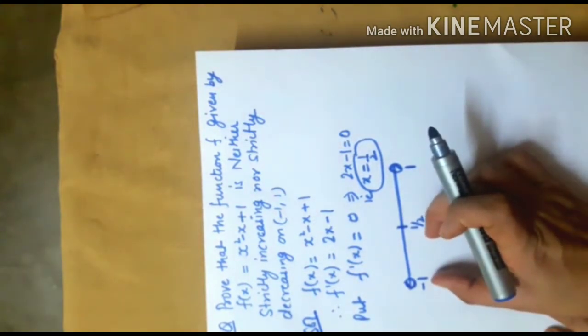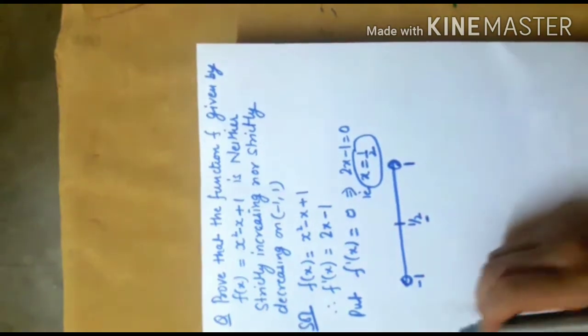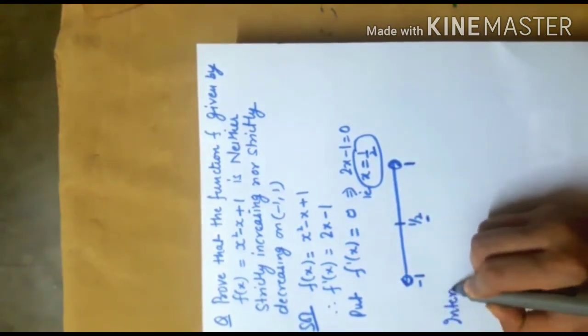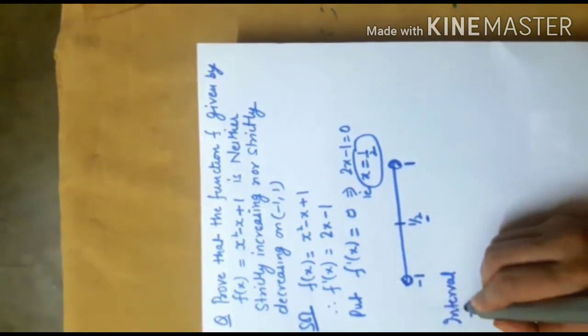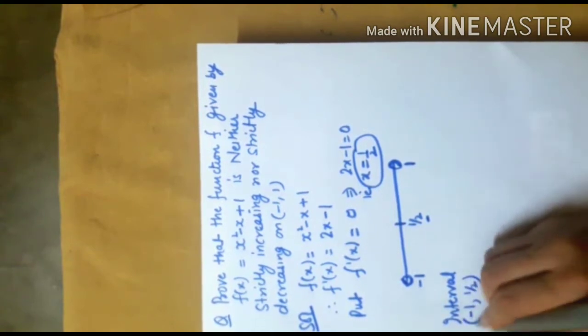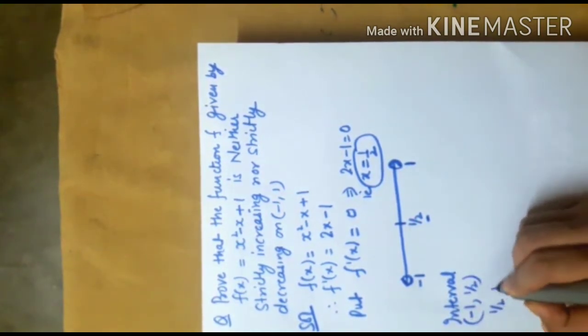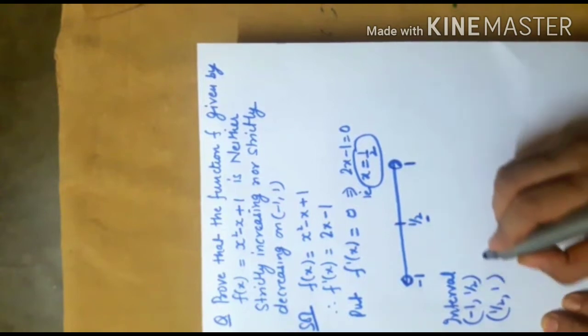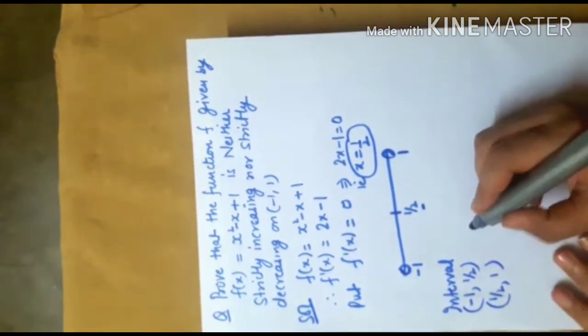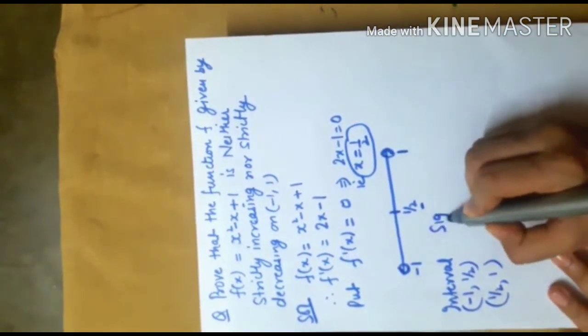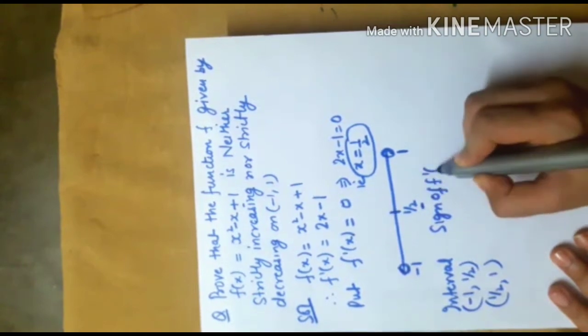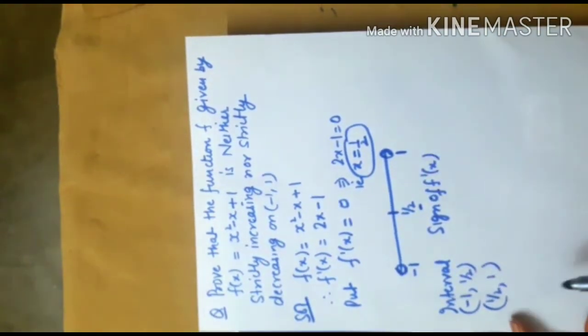First is this interval and second is this interval. So the first interval minus 1 to 1 by 2, and second is 1 by 2 to 1. So I'll check the sign of the derivative in these two intervals.